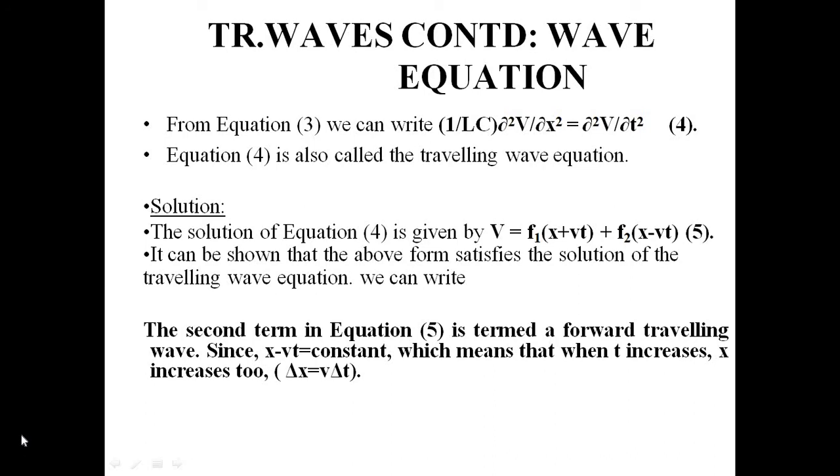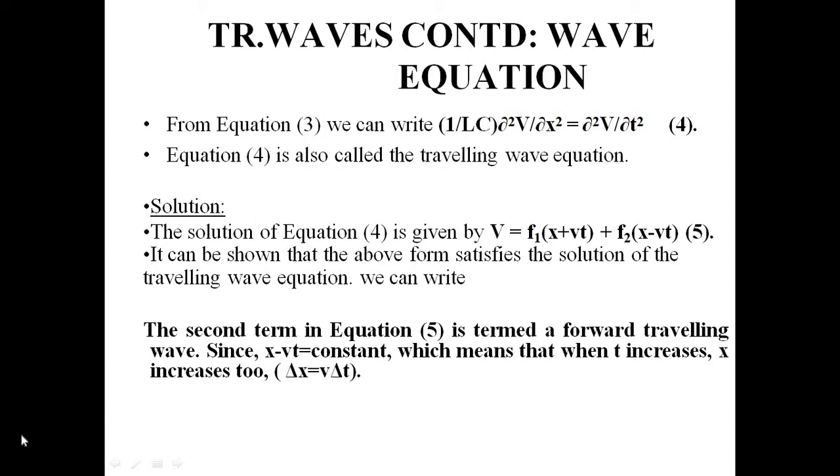From equation 3, we can write 1 by LC dou squared V by dou x squared is equal to dou squared V by dou t squared. Equation 4 is also called the travelling wave equation. Solution: the solution of this equation is V is equal to F1 (x plus v t) plus F2 (x minus v t).